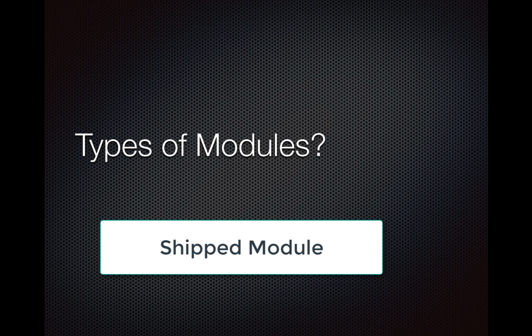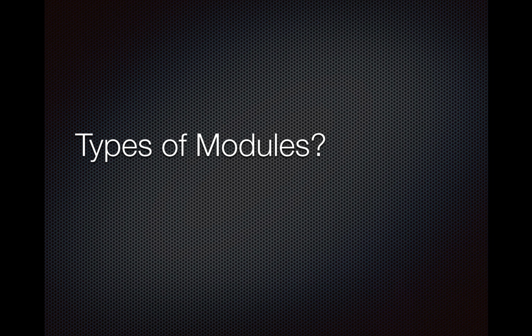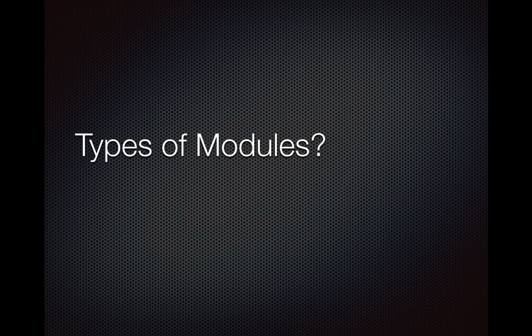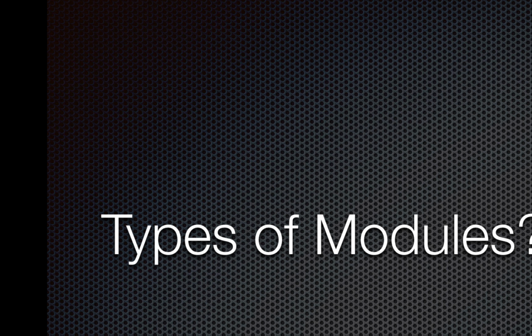Node has created lots of modules like file system, path, and HTTP, that are supported by the Node community. You can trust them. So these are internal modules, or shipped modules, that come with the Node version. The third kind are external modules, modules that other people have created that you can consume in your code. If you go to GitHub, there are tons of modules that people have created. There is a way to use those modules in your code, and we're going to look at it in the next video. But basically, there are three types of modules.